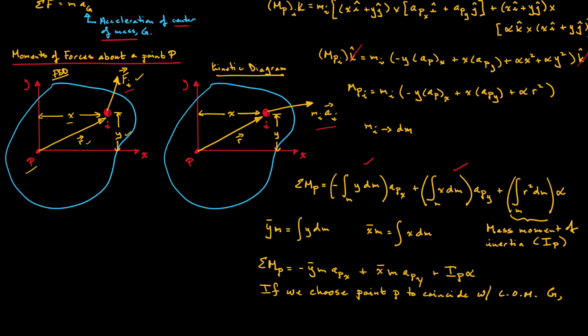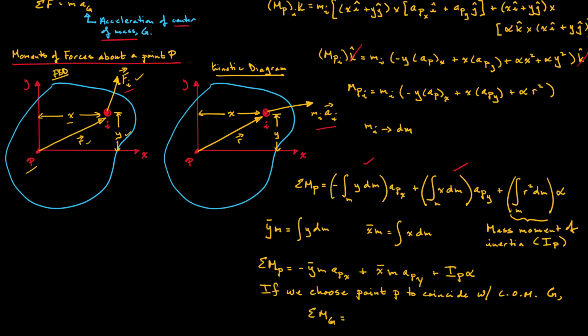So if point P coincides with the center of mass, so recall that y bar and x bar are the distances relative to point P of the center of mass. So if point P is the center of mass, then y bar and x bar will be equal to 0. And so what we are left with is the sum of the moments about point G.